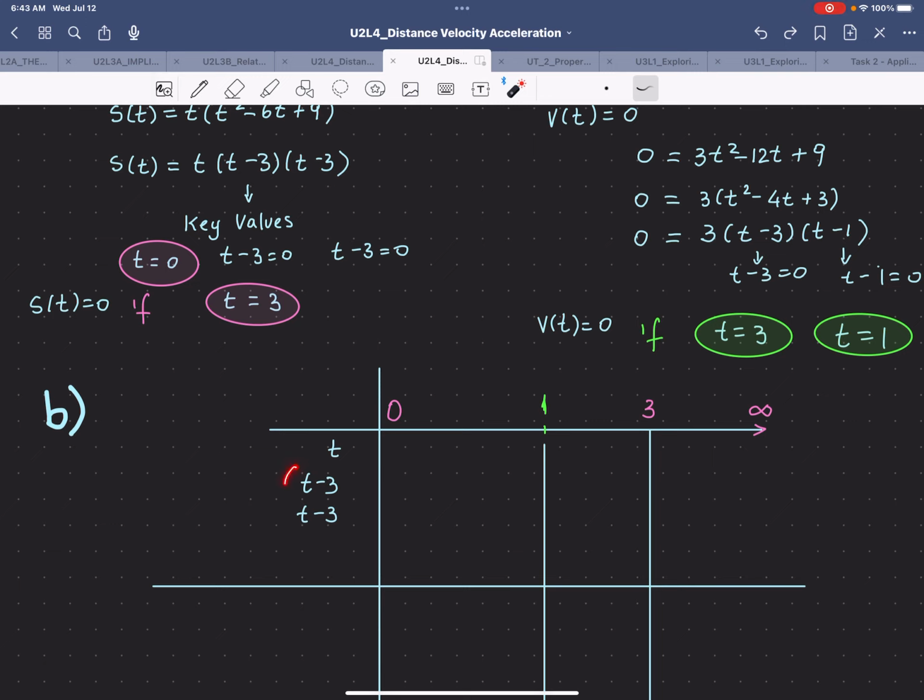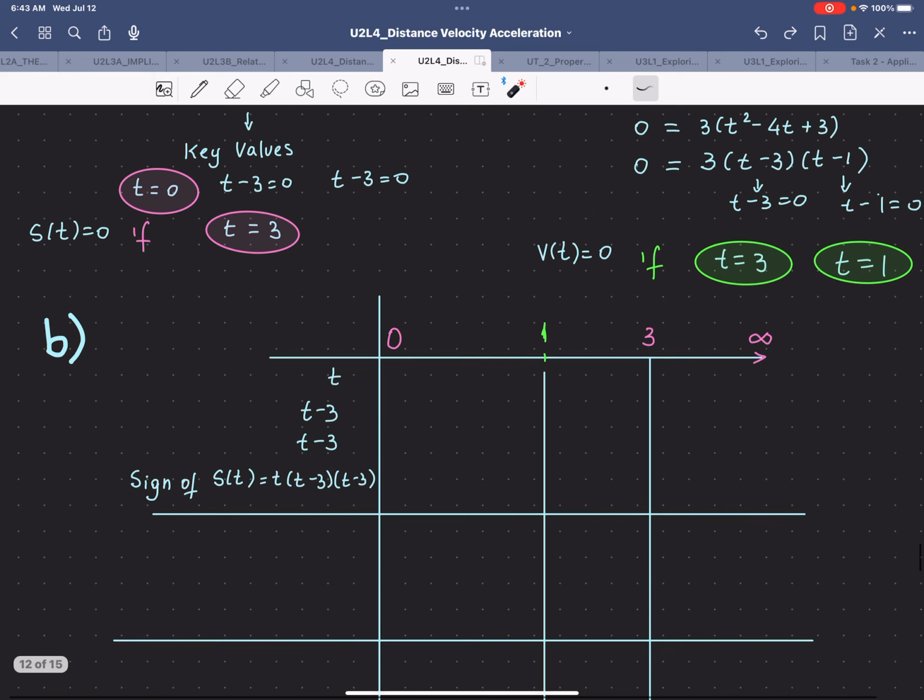And another way we could have chosen is to write t minus 3 squared in here, but I find this longer way a little bit more accurate and easier to understand and important to emphasize. So the sign of s(t) would be the sign of the product t, t minus 3 and t minus 3.